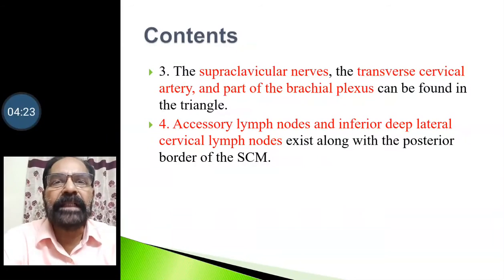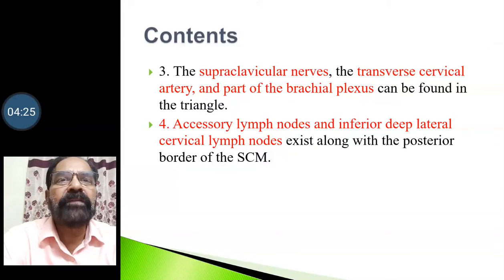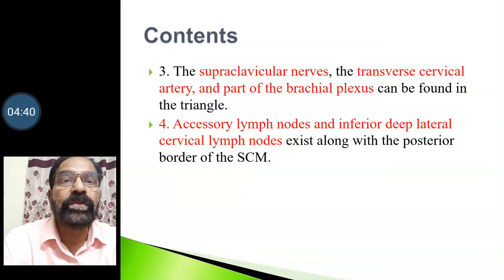Then the third content is the supraclavicular nerves. The transverse cervical artery and part of the brachial plexus can be found in the triangle. The accessory lymph nodes and inferior deep lateral cervical lymph nodes exist along the posterior border of sternocleidomastoid muscle.